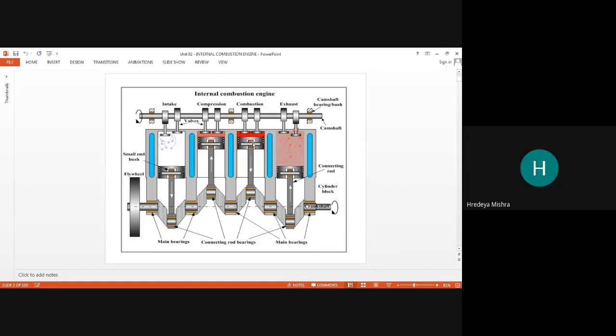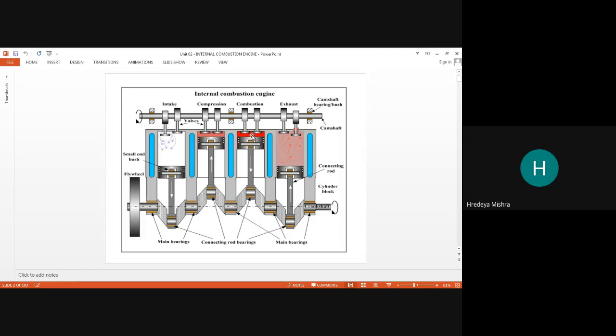Due to this energy, this energy forces the piston downward. Okay, so this is where the energy is generated, which is responsible for the movement of the vehicle.